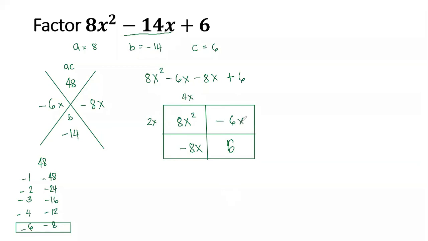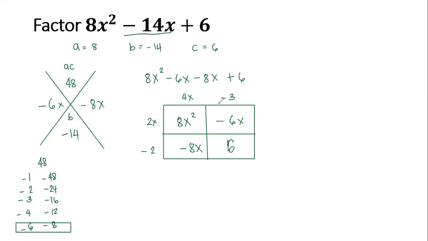How about negative 6x? What should we multiply to 2x in order to get negative 6x? So we could multiply 2x by negative 3. So 2x times negative 3 is equal to negative 6x. And how about for negative 8x? We could multiply 4x with negative 2. And let's check if the constant is correct.